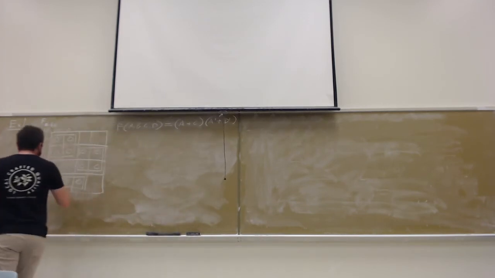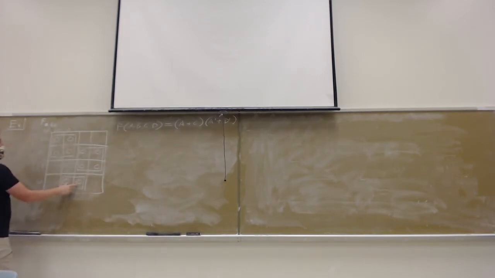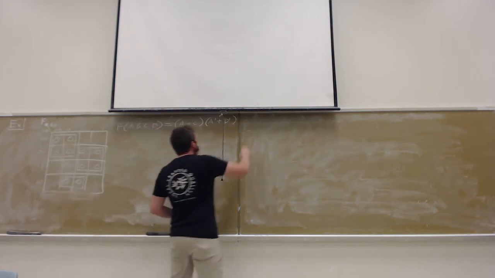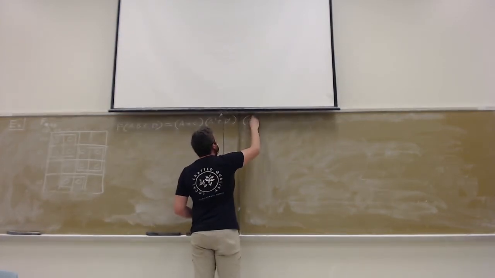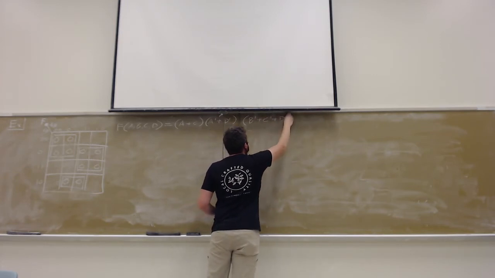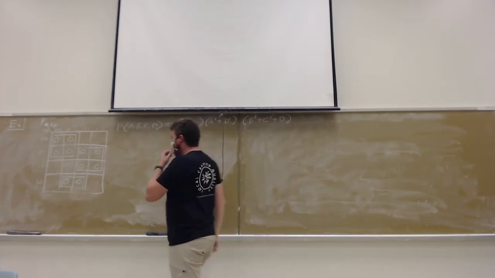And then finally, we have B equals 1 and CD is 1 0. So that's going to be B prime or C prime or D.